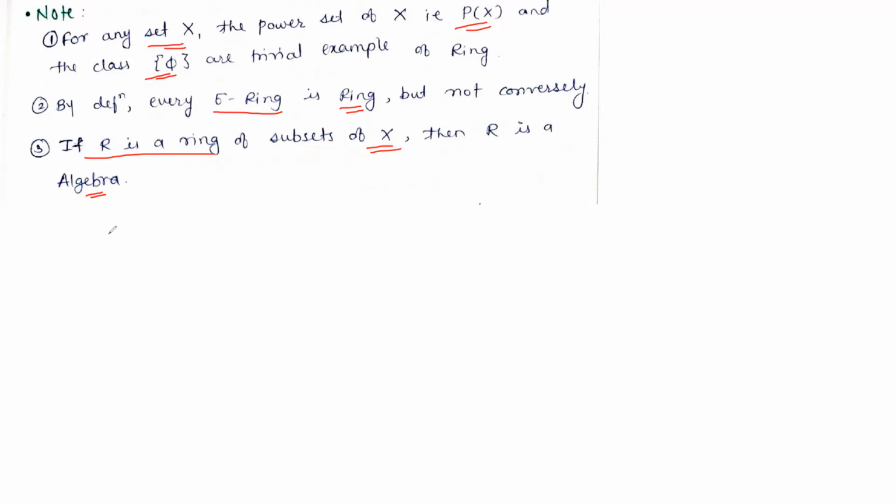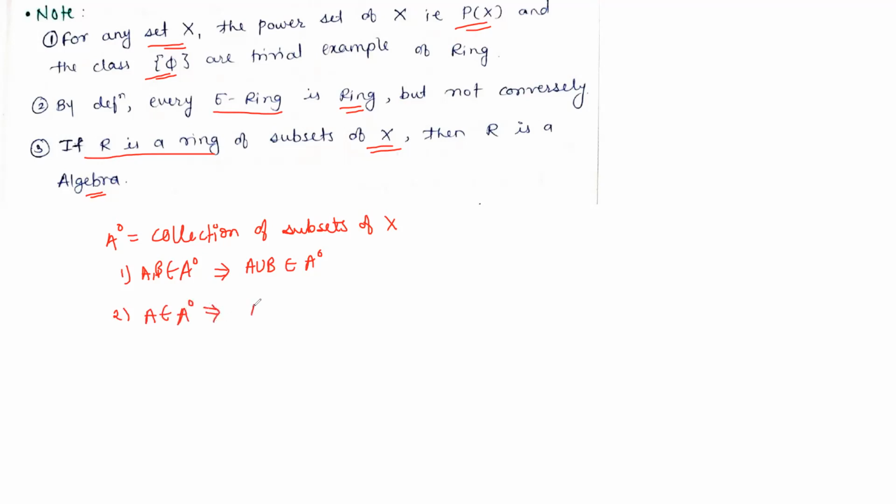It says that an algebra, that is A dot, is a collection of subsets of X, and if this satisfies two conditions, that is, for A, B belongs to this A dot, then A union B also belongs to it, and the second condition, that if A belongs to A dot, this implies that the complement of A also belongs to A dot.